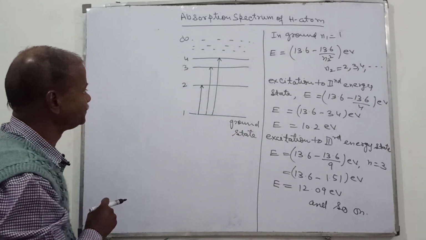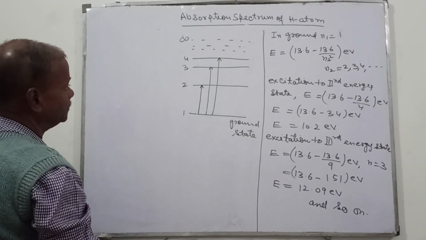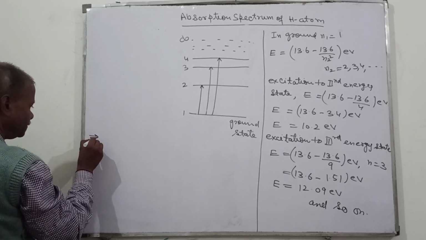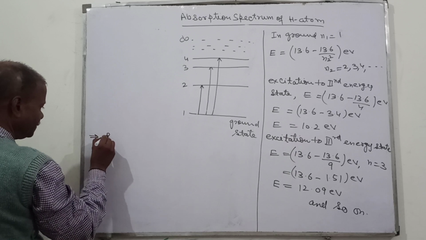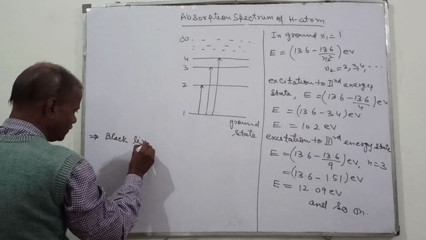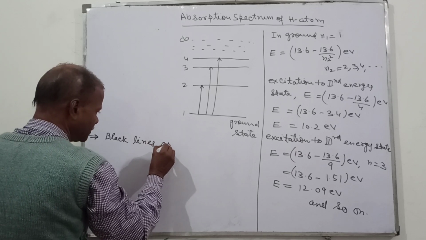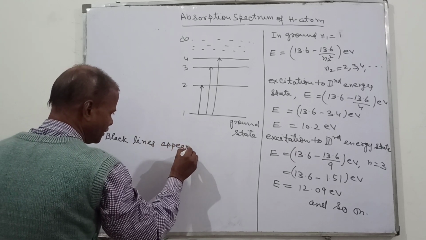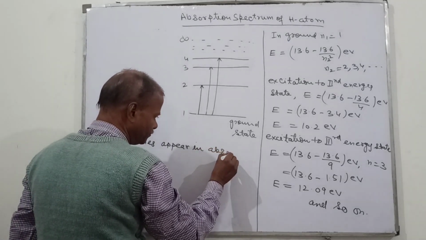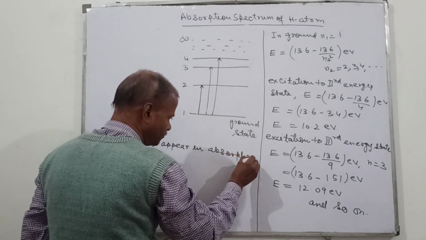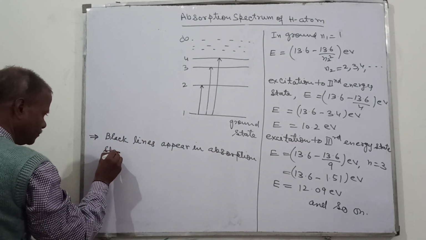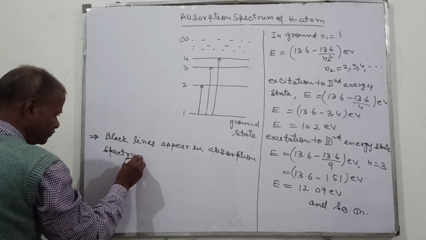Ground state. Black lines appear in the absorption spectrum.